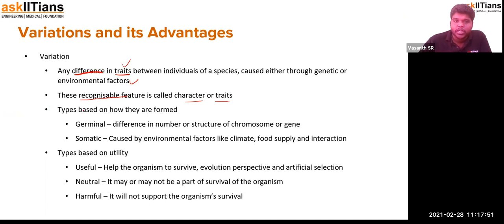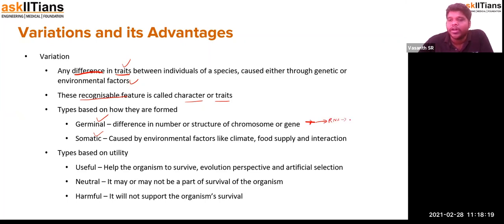These are actually categorized into two types: germinal and somatic. Germinal is where the differences are caused at the chromosome or gene level. If there is a change in the gene, it's obvious that the DNA will have the change, then the RNA will also have the change.